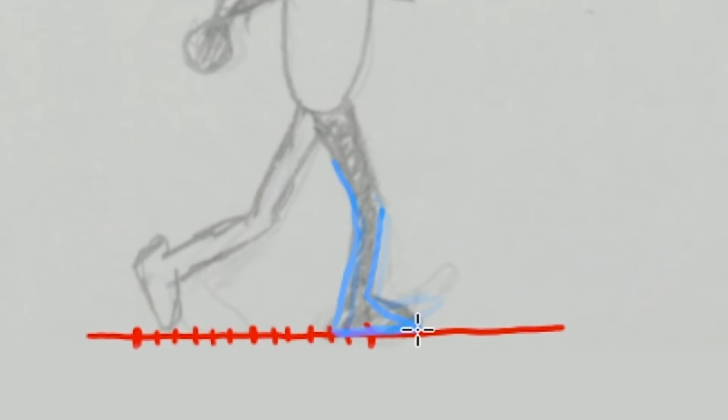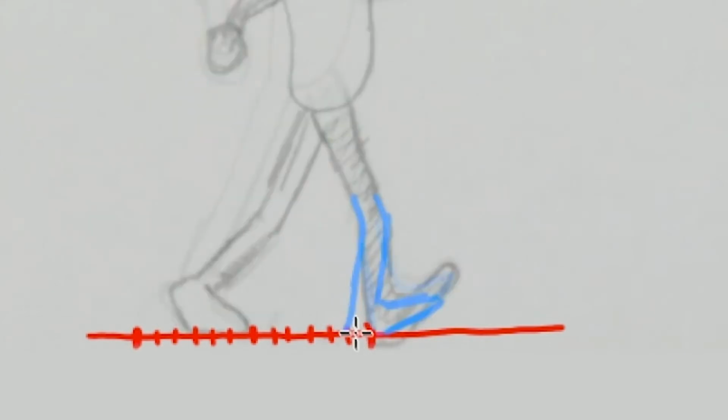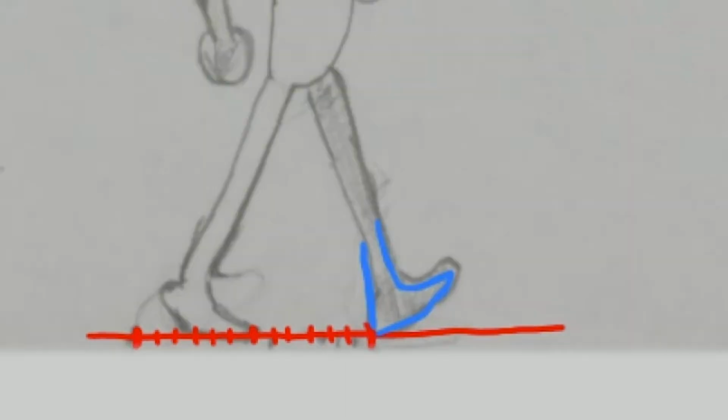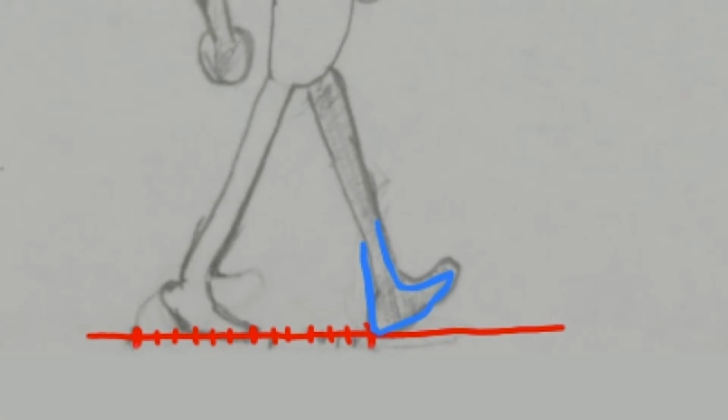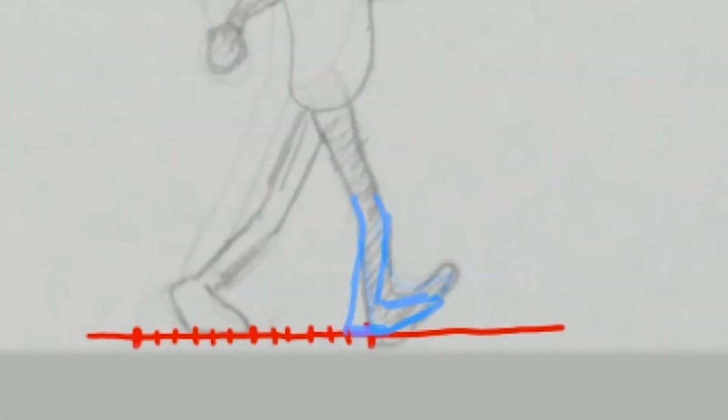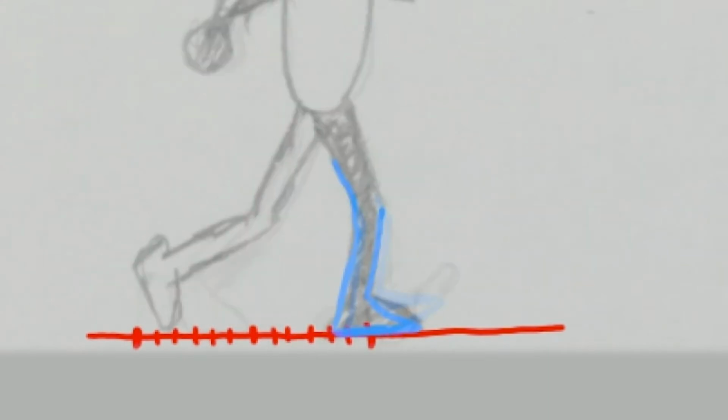And at this point, we really want to see a flat bottom to the foot. So every place that the foot is touching the ground and pressing into it, you want a nice hard flat line. And we should probably just check that we're staying on model. Looks like my drawing's a little bit wonky on that one.